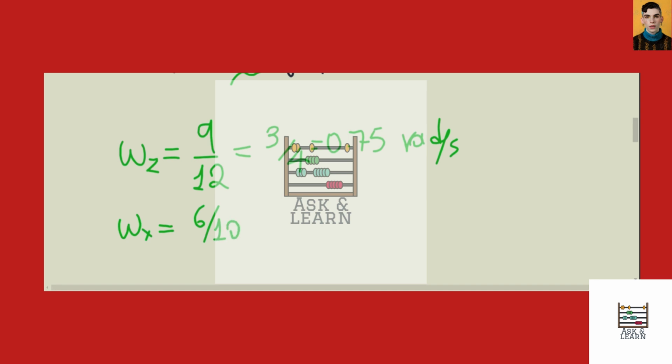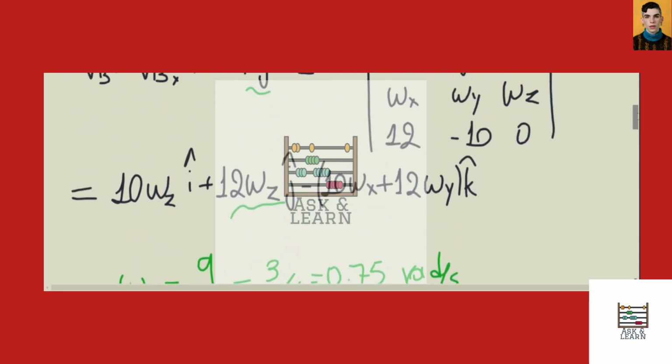If someone does the calculations, you can see that this is just 0.6 radians per second. Finally, we need the y component of the angular velocity.